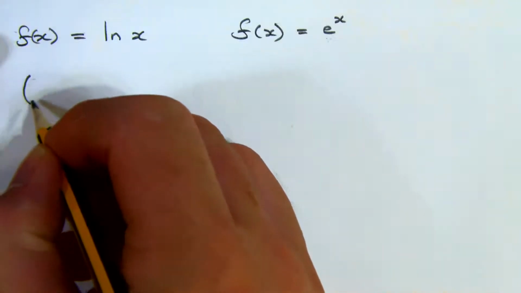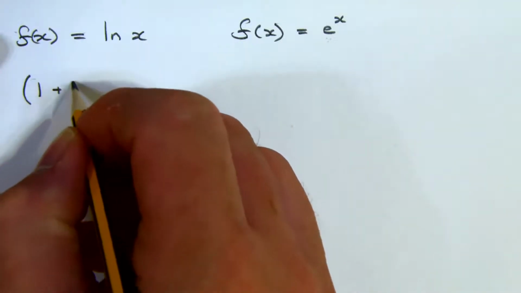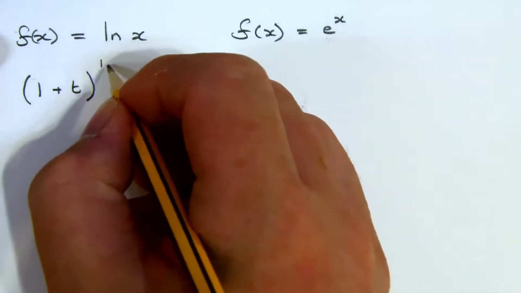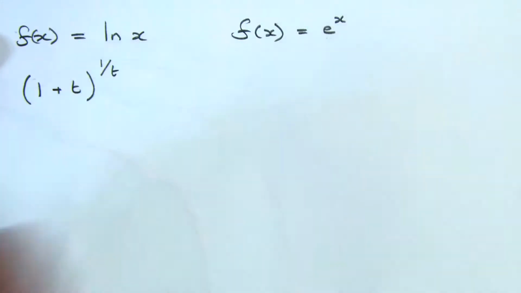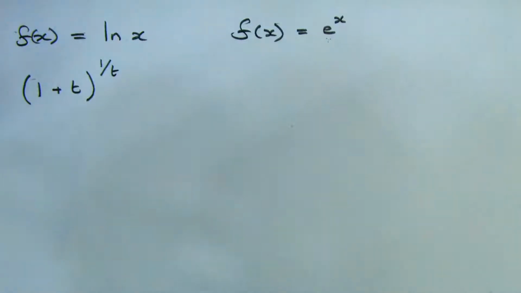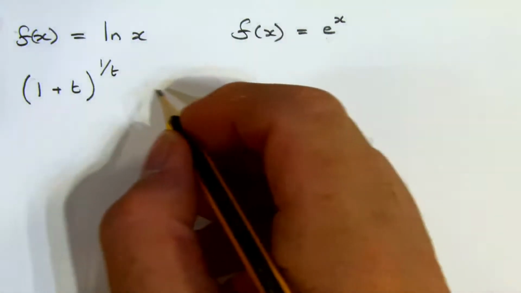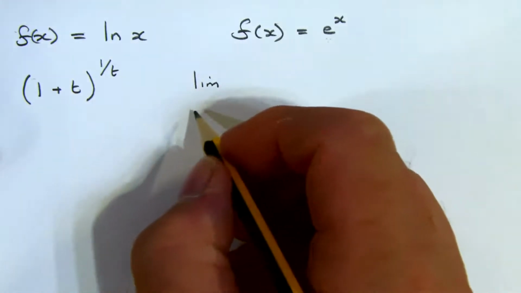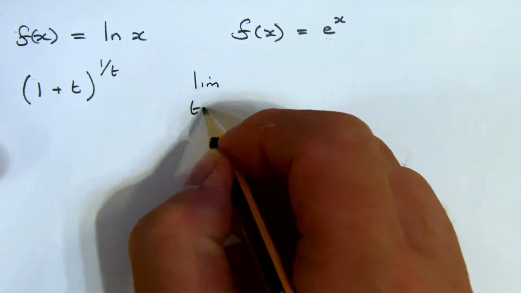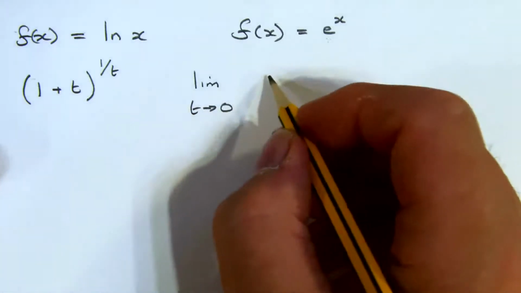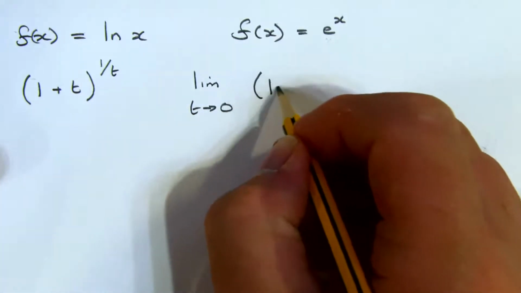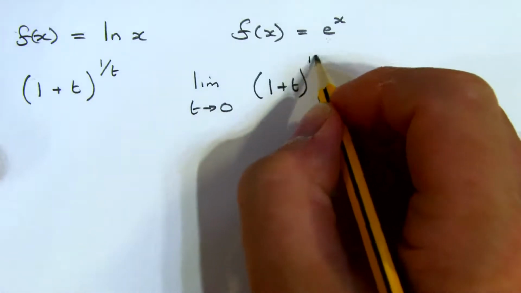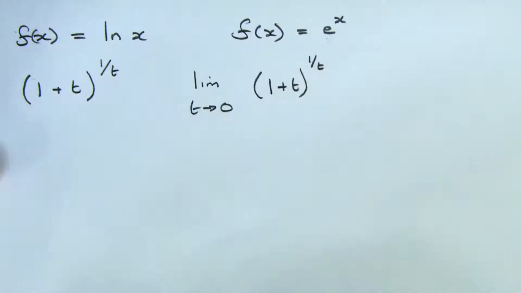The function I want to look at is 1 plus a number to the power of 1 over that number. What we're going to have a look at is seeing if we can take this to the limit as t approaches 0 for 1 plus t, all to the power of 1 over t.